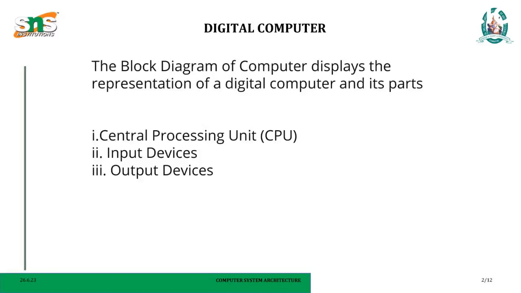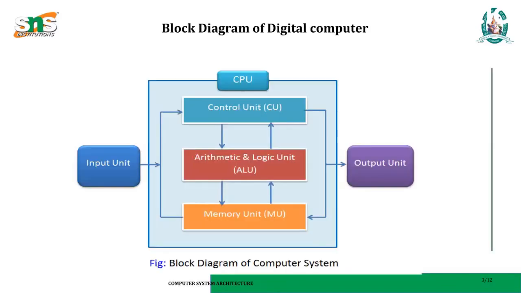Let us see the block diagram and how it looks. Diagrammatically, you have an input unit. Whatever information we want to give into the computer, we give through the keyboard, mouse, or joystick, and these are all called the input unit. Then there is the central processing unit.